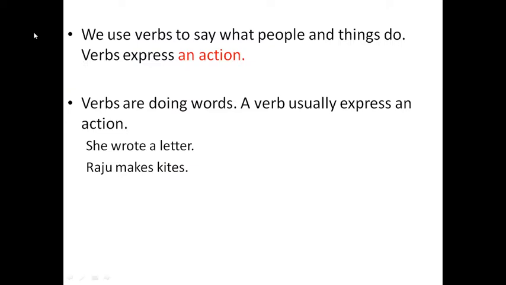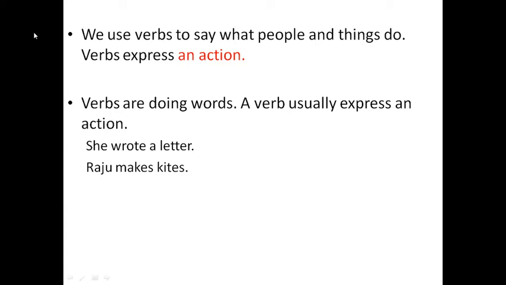So what's in a verb? What's a verb? A verb is an action word. We use verbs to say what people and things do. Verbs express an action. So verbs are doing words. She wrote a letter.